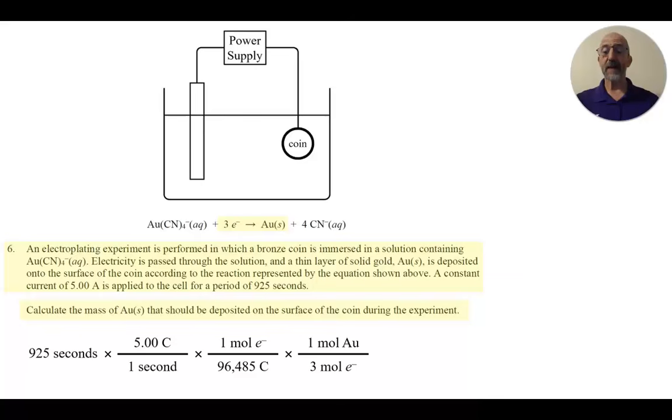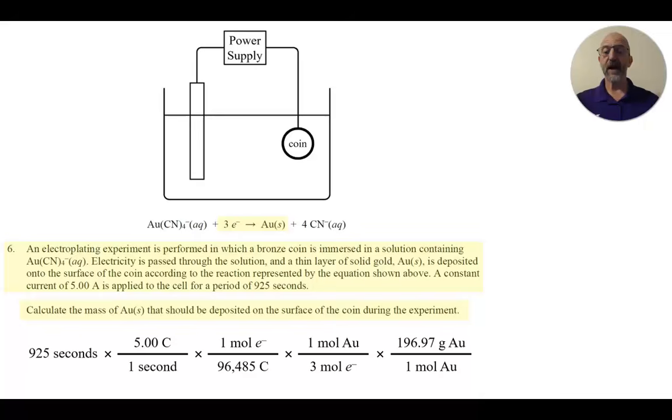I'm only 1 step away from calculating the mass of solid gold. I'm going to use the information on the periodic table, and that tells me that for every 1 mole of gold, it's 196.97 grams of gold. Again, I'm converting from seconds to coulombs, from coulombs to moles of electrons, from moles of electrons to moles of gold, and then finally from moles of gold to grams of gold.